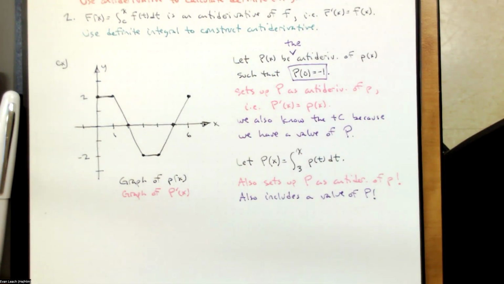Moreover, this setup also includes a value of capital P. So this is making one specific antiderivative. Instead of a general antiderivative with the plus C, this will be one specific antiderivative.